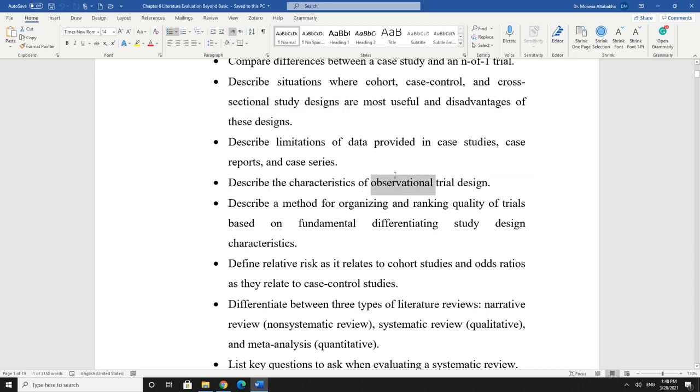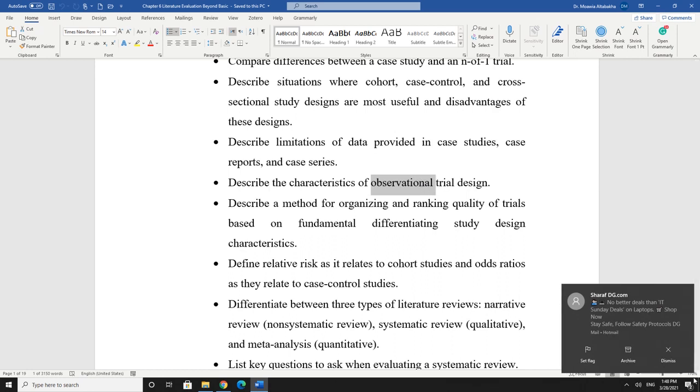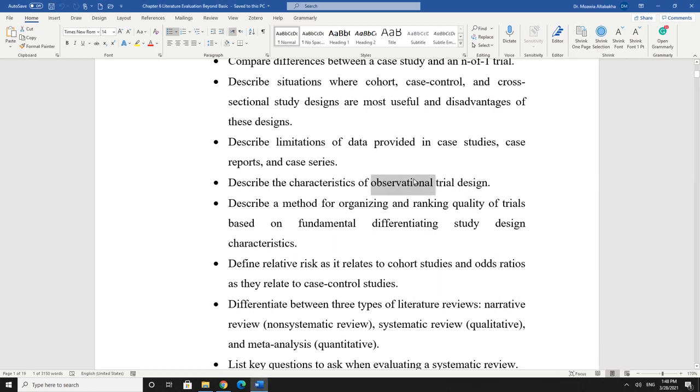Observational is something that you need to be aware of. Unlike controlled clinical trial, in observational we observe rather than we control or design the experiment, the treatment, and the control.